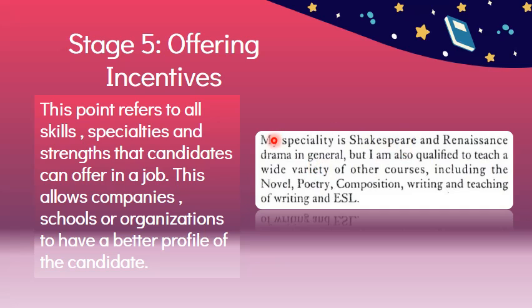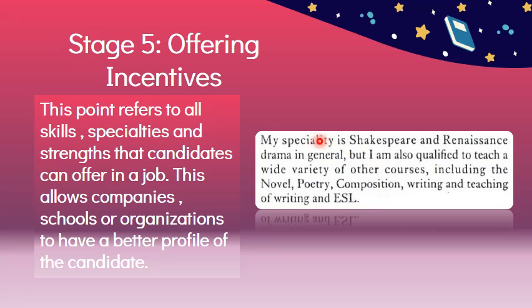We have this part. My specialty is Shakespeare and Renaissance drama in general, but I'm also qualified to teach a wide variety of other courses, including the novel, poetry, composition, writing and teaching of writing for ESL.